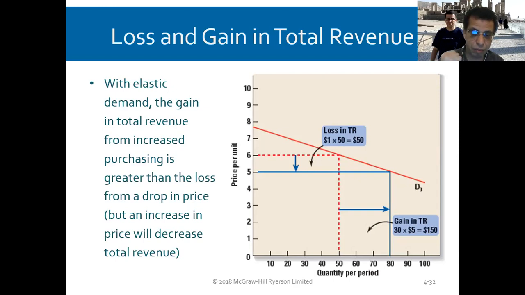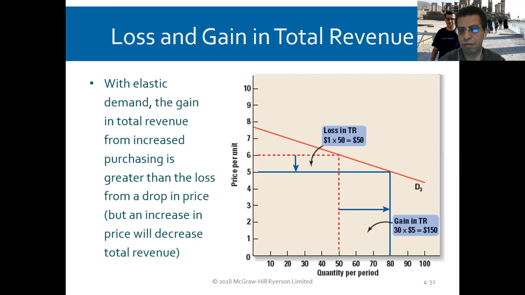Once again, with elastic demand, the gain in total revenue from increased purchasing is greater than the loss from dropping the price, because you're multiplying quantity by the price. That's what you get, total revenues. But an increase in the price will decrease the total revenues.